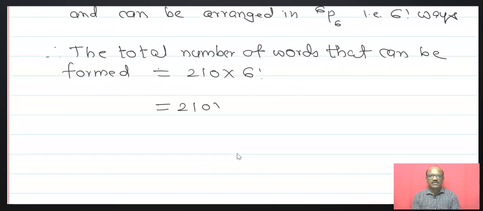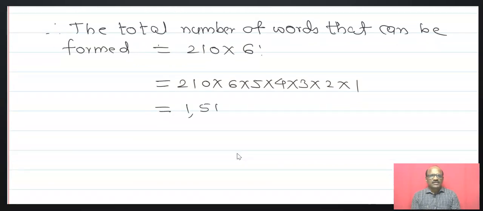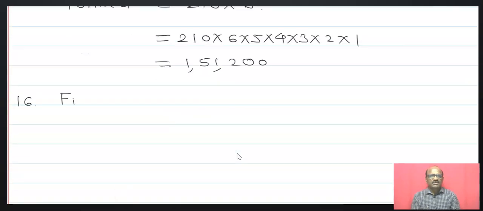Now there will be a big number. That is 210 into 6 into 5 into 4 into 3 into 2 into 1, that is 1,51,200.